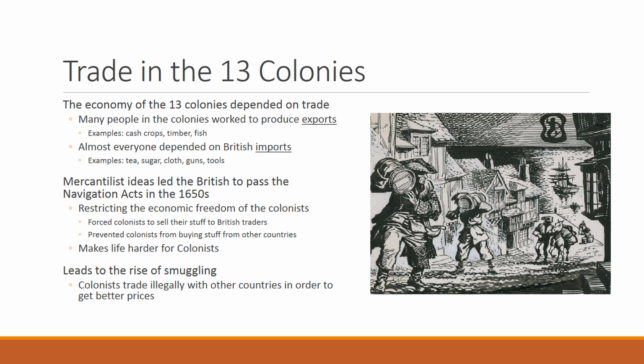Tea, sugar, cloth, all this stuff was illegal to bring into the country unless you were a British merchant. So they would load up ships secretly in the dark and sail into harbors and unload all this illegal stuff and sell it. Basically to meet the demand of the colonists. So smuggling is very important because it increases the options that the colonists have for what they want to buy and sell.